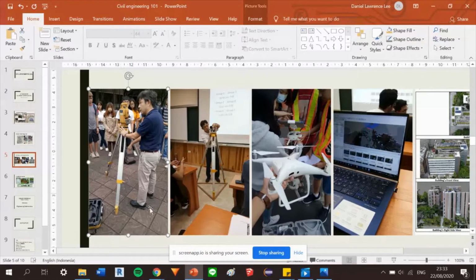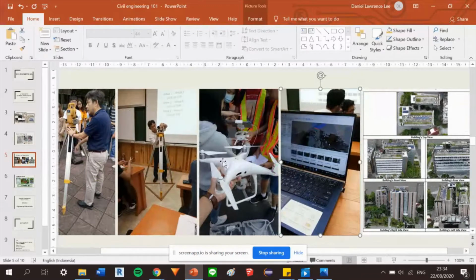This one is called an electronic distance measurement, or EDM for short. You will use this equipment and also things like drones, and some applications. Basically these equipments are used to measure buildings, so you can know the exact dimensions of buildings without needing to measure them the traditional way. It's the modern way to measure buildings.